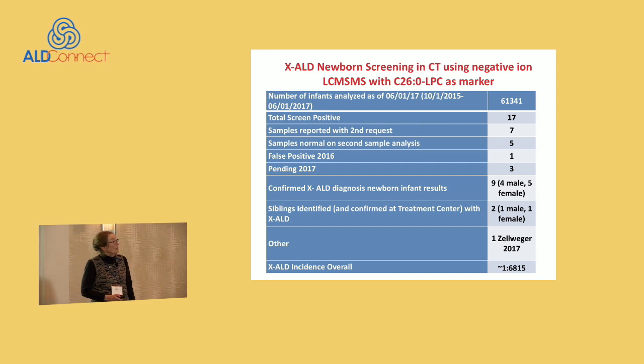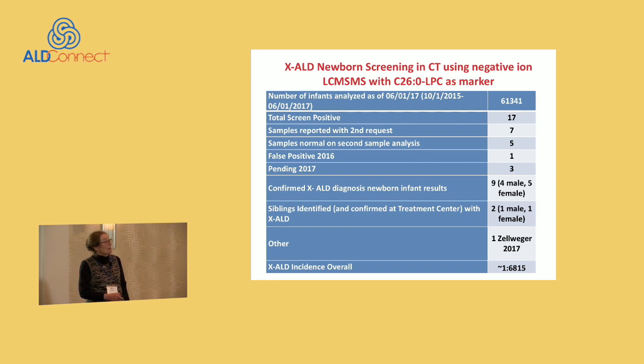So this is Connecticut. They do a two-tier screening. Their first tier is to do LCMSMS using negative ion, which is a very sensitive way of looking for the elevation of C26 lyso-PC.